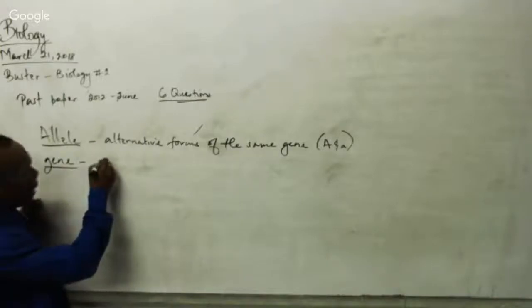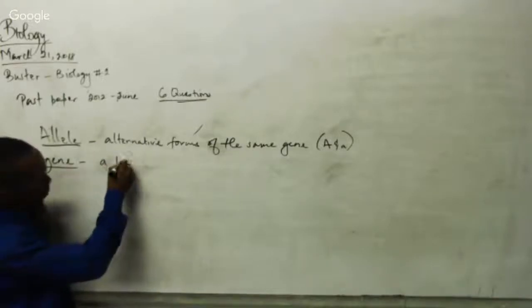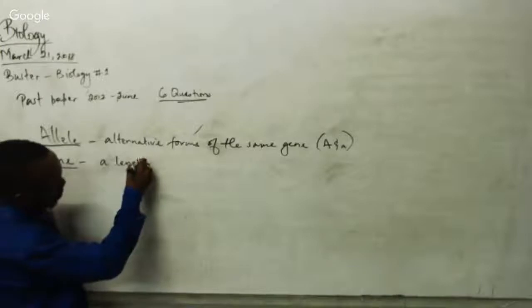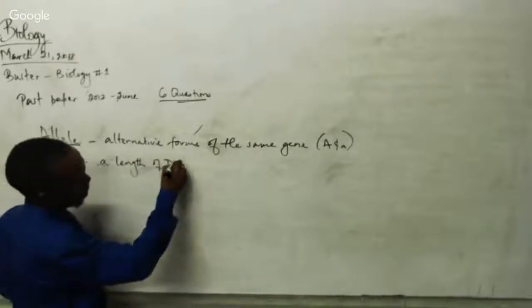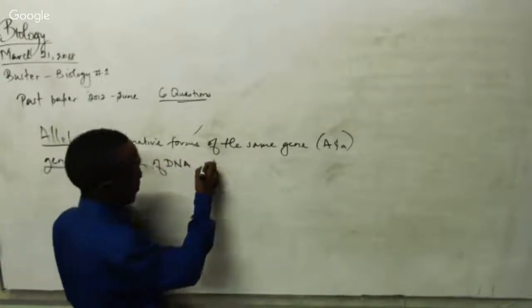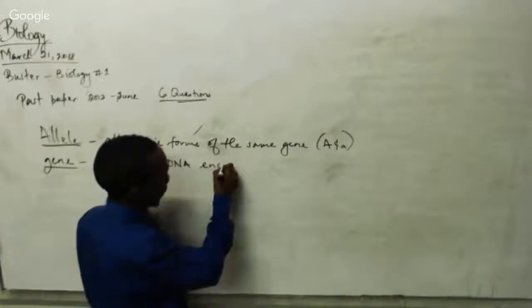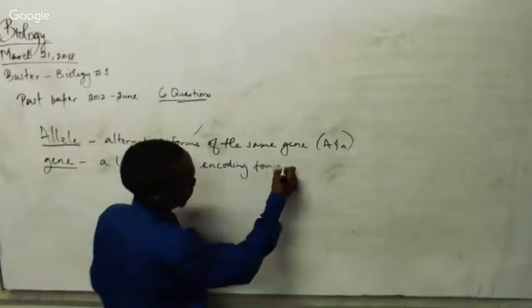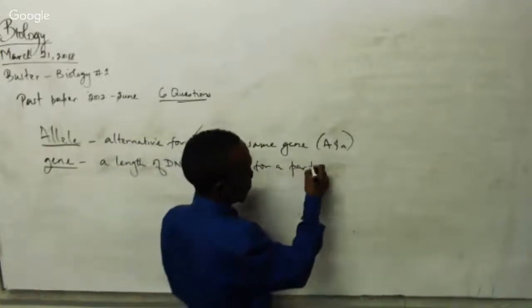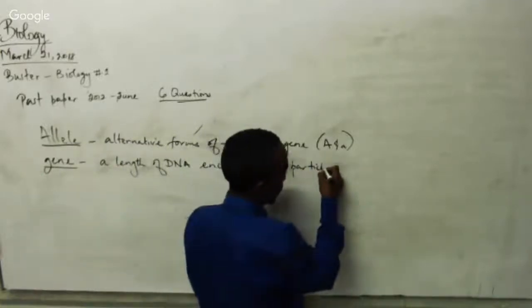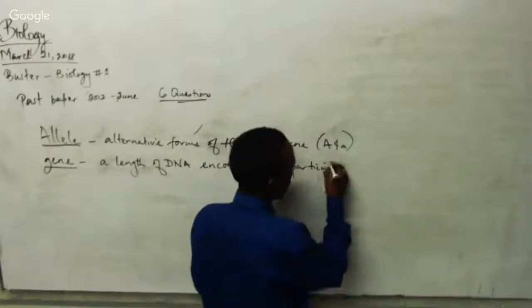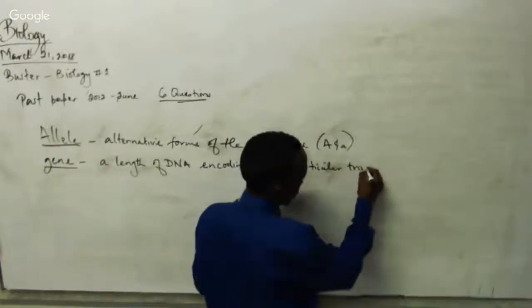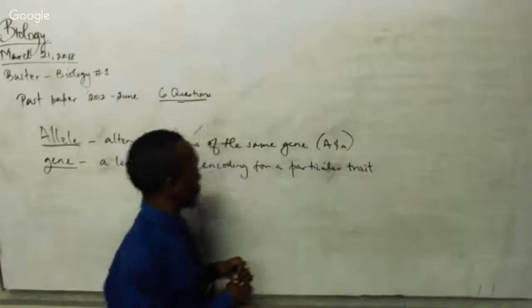Genes: the length of the DNA, a piece of it, encoding for a particular trait.